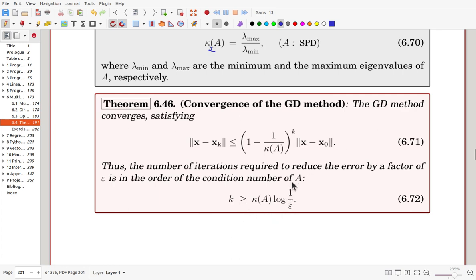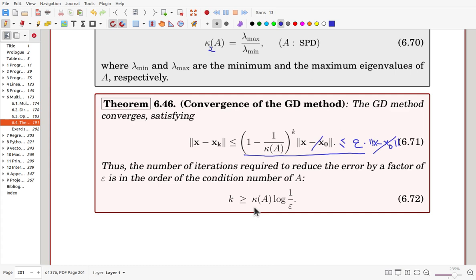We can get this from this inequality. For example, it's bounded by epsilon times x minus x0, so that we can cancel these two and then solve for k, and then we can reach that one. So the required number of iterations is of the order of the condition number of A.